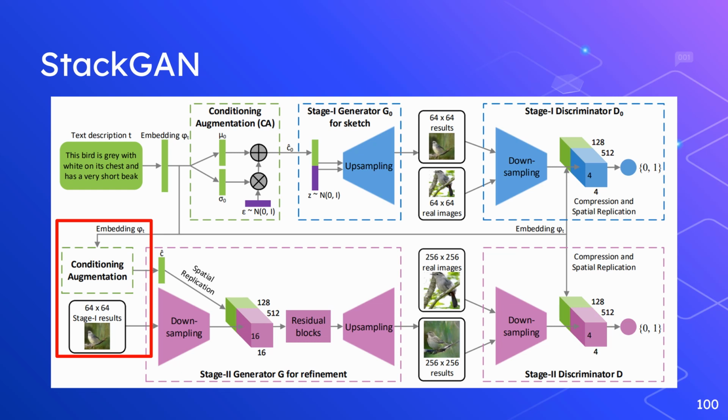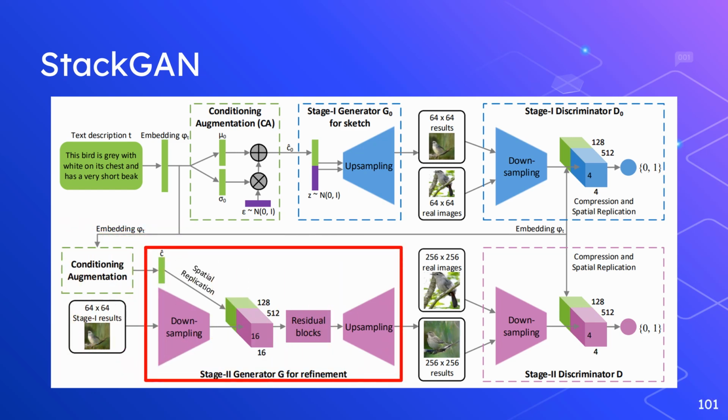The image created in stage 1 is sent to the second generator, also with the text embedding. The second generator has its own conditioning augmentation layer. The second stage generator uses more of an encoder-decoder process, where it takes the image from stage 1 and the text embedding, puts it through its own conditioning augmentation layer, getting C hat, which will now be the conditioning variable, and uses both of them to encode and then decode the final 256 by 256 resolution image.